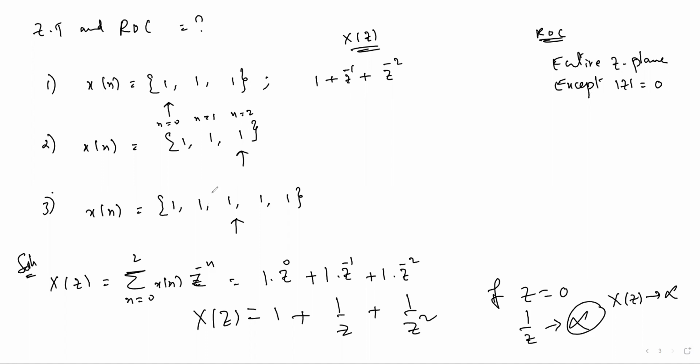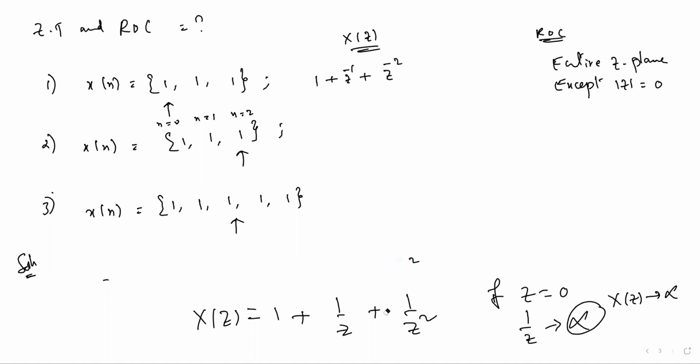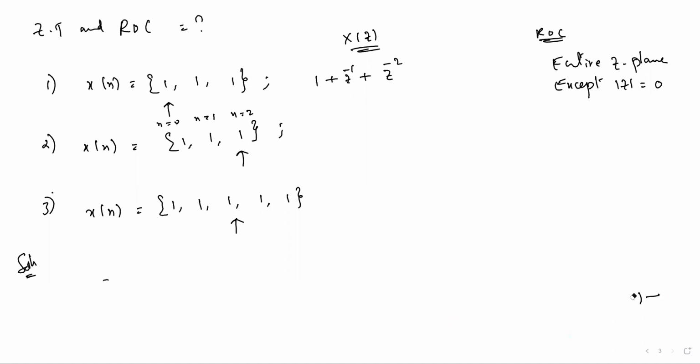Fine. In a similar way, what is x of z for this left sided sequence? Let us see the z transform of the left sided sequence. Second one. Here x of z is the sum where n value 0, n value minus 1, n value minus 2.